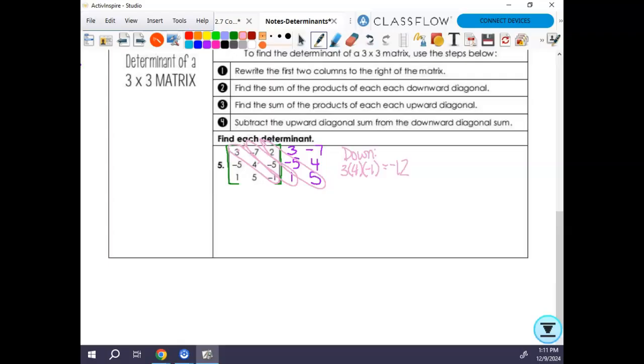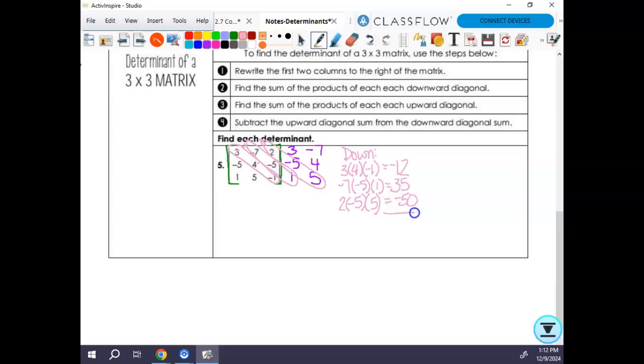The second one, I do -7 times -5 times 1. Is that +35? And then 2 times a -5 times 5. Let me write it out. We're just going to write them out, at least on this first one, so we know where everything's coming from. And that's going to give me -50.